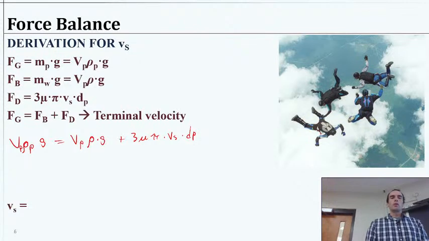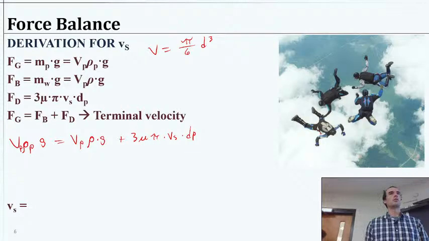Now, one thing you'll note is we have volume and diameter, and we can get a volume in the form of diameter. And double check me here, but I think this is 1/6 pi diameter cubed. It's like 4/3 pi r cubed, right? And in terms of a diameter that should give us 1/6 pi diameter cubed.